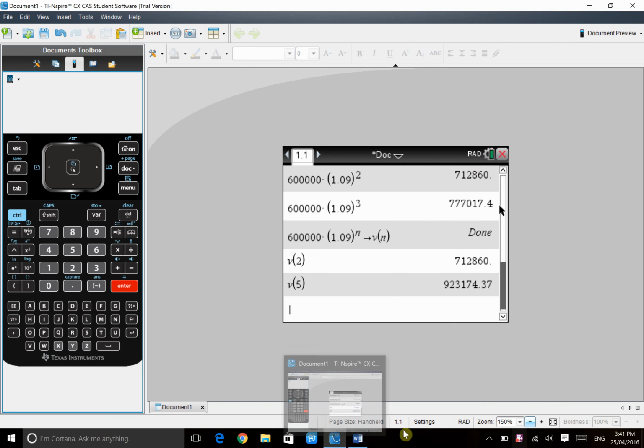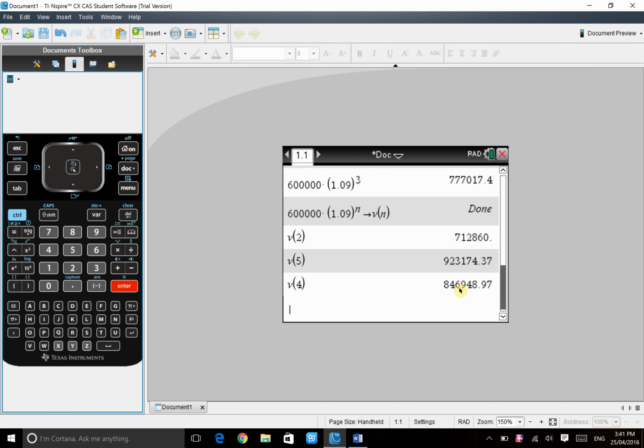Okay, we can see V5 is over $900,000 now, so maybe it's too large. Let's try V4. V4 is below 900,000, which means the n must be between 4 and 5 to make the V become 900,000.